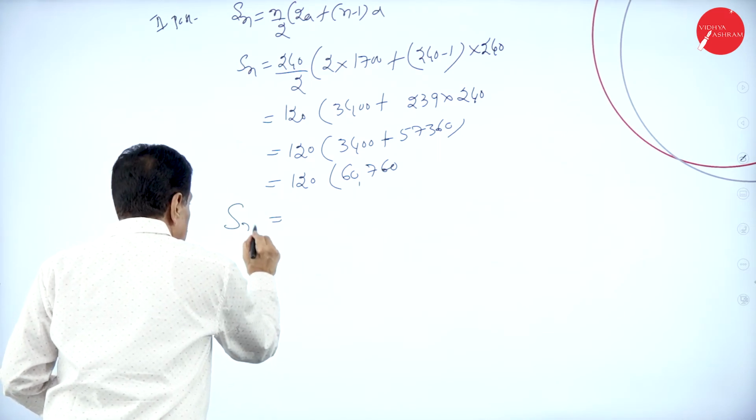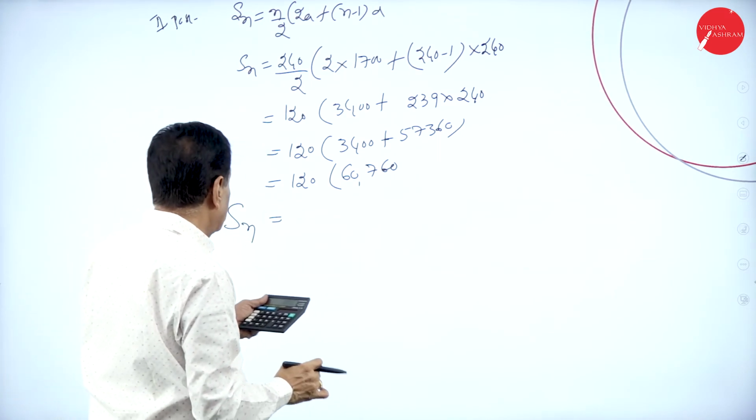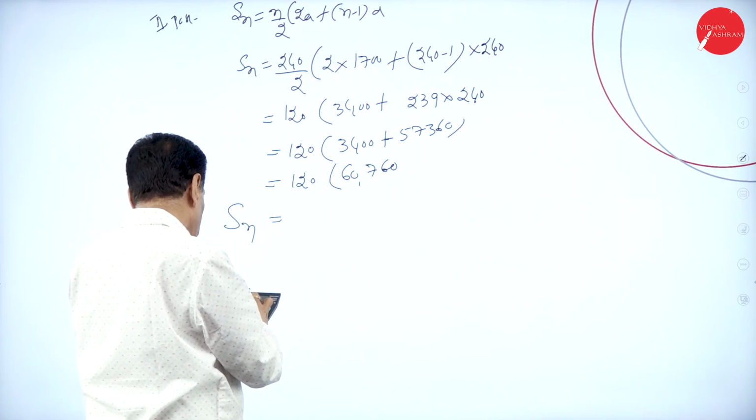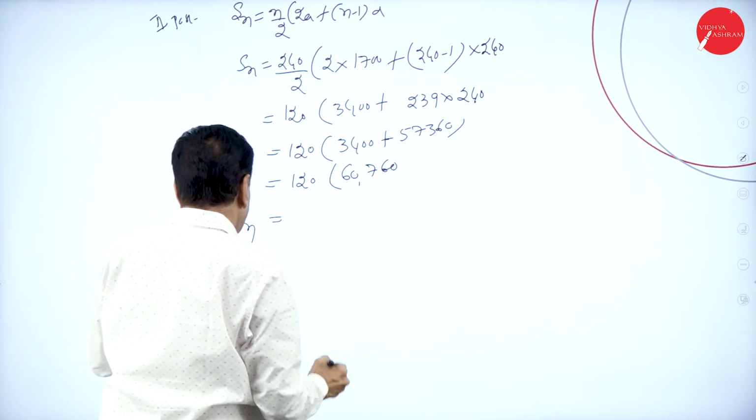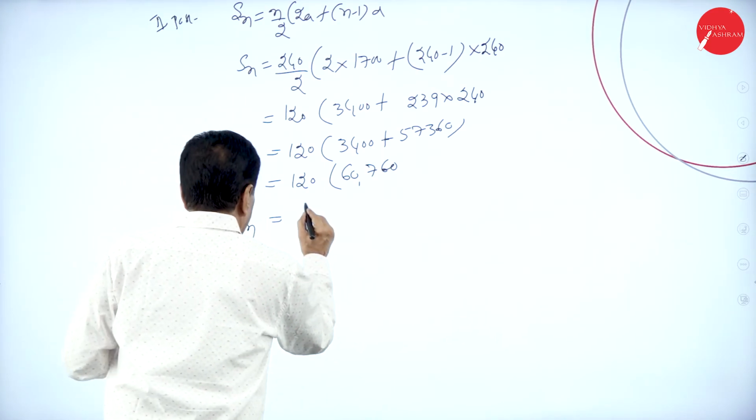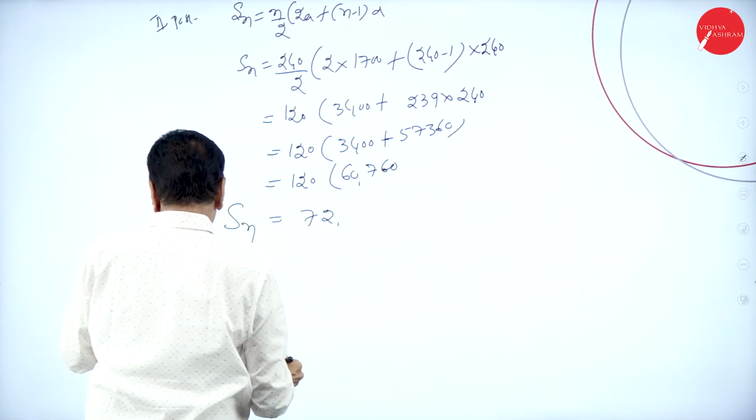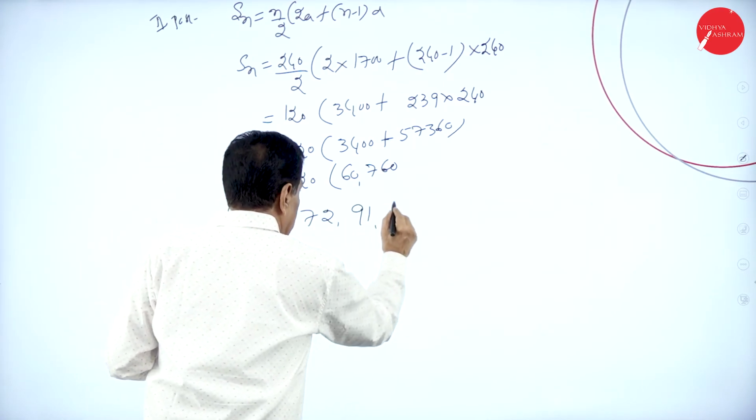Sn is equal to 60,760 into 120. It will come 72 lakh 91,200.